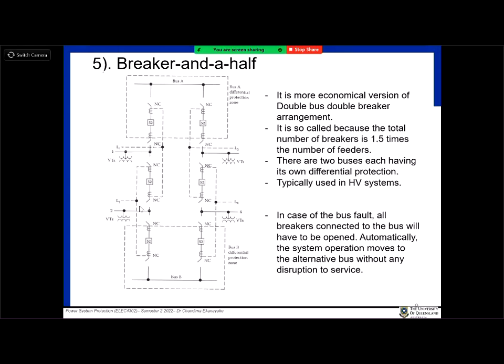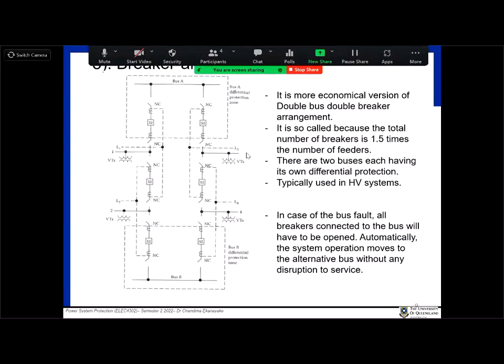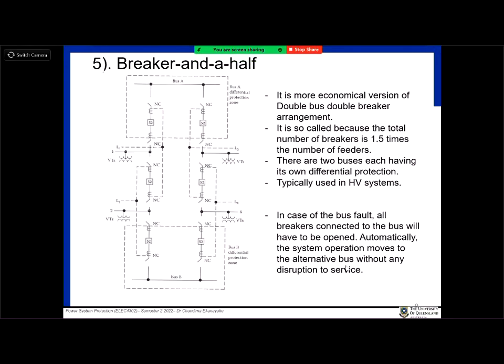If you count the number of feeders, each feeder will have 1.5 breakers. Ideally, you might be confused: how can you put up 1.5? But the configuration will give you that. So the number of breakers, say here with 4 feeders, you will have 6 breakers: 1, 2, 3, 4, 5, 6.